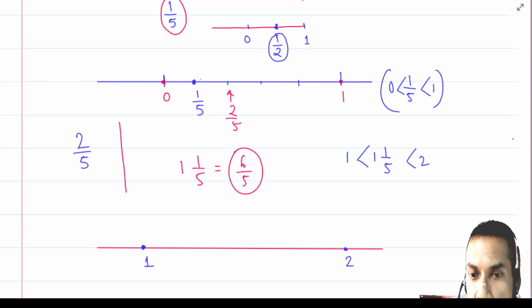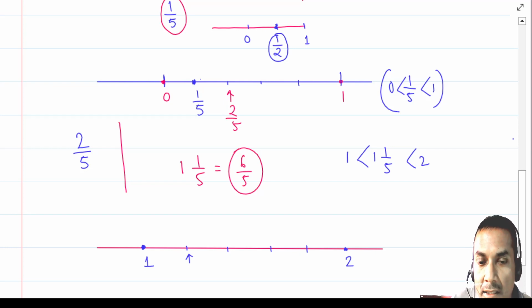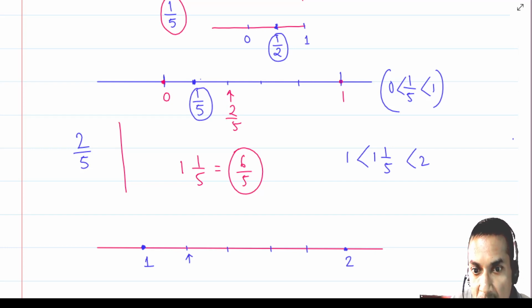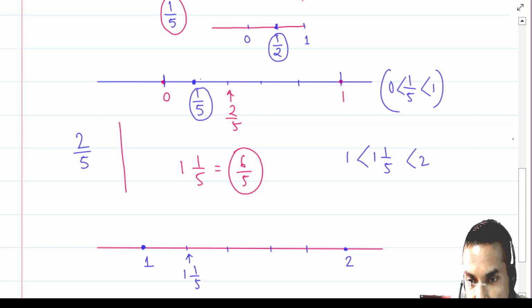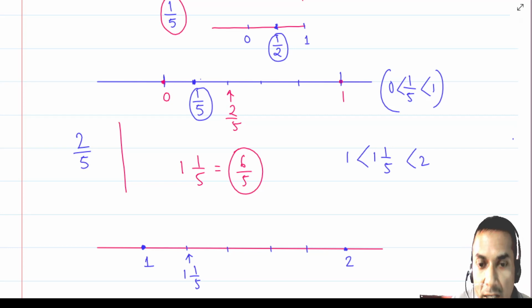Then you divide it into 5 equal parts: 1, 2, 3, 4, 5, and mark here. It is similar to 0 and 1 when I put the value 1/5, but here I put the value 1 and 1/5, because the fractional part is considered in the division in between 1 and 2.